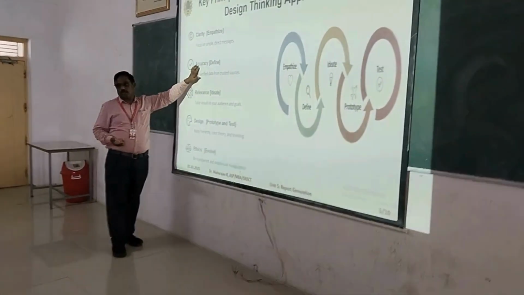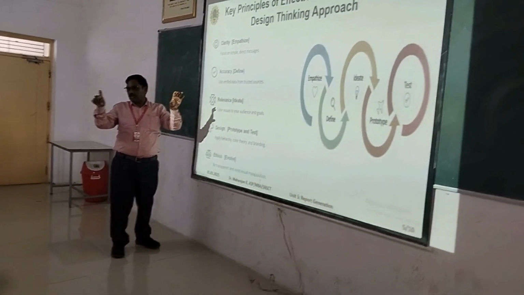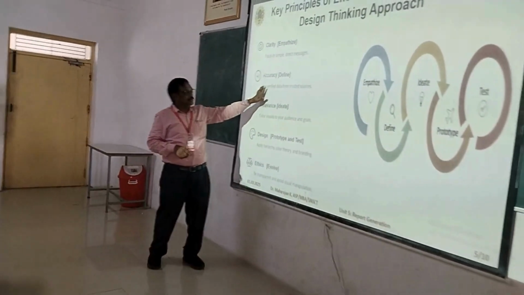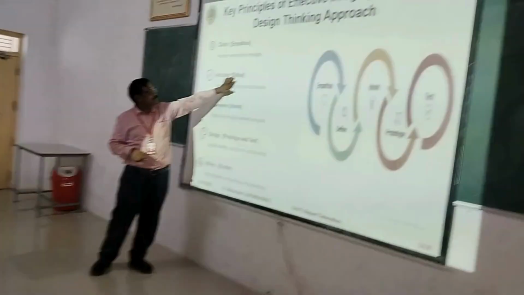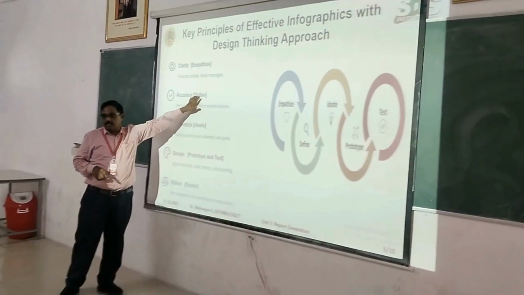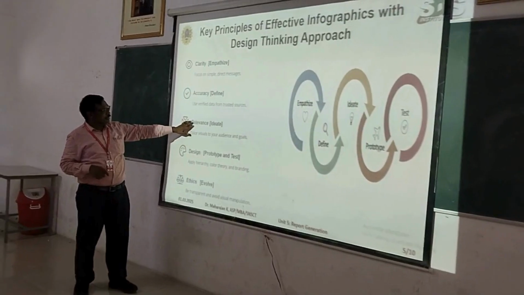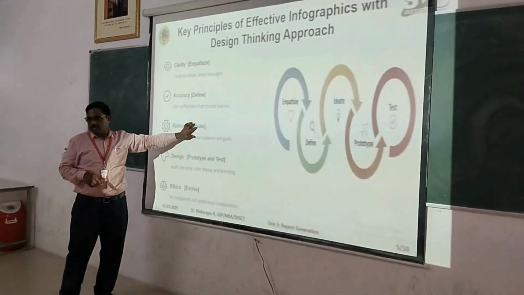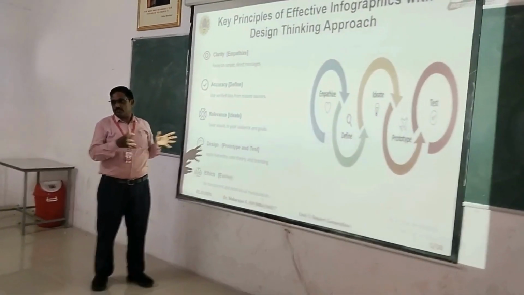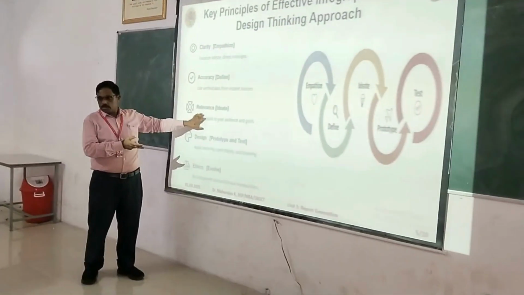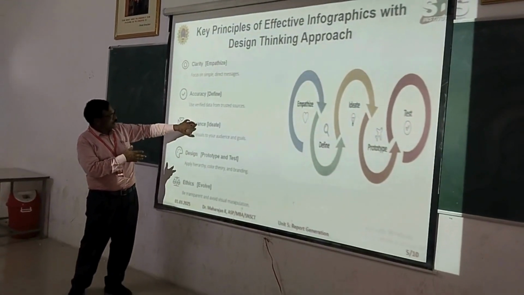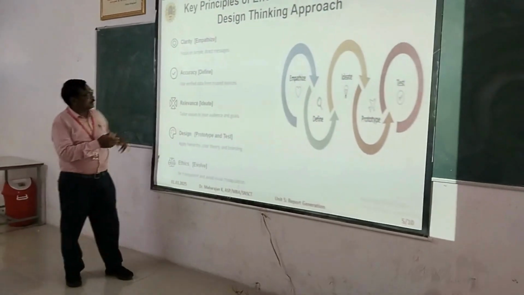Then accuracy. Accuracy means we have to exactly define something like a problem statement, what we want. I have defined that. The third stage is called relevance. That is the ideation: what is relevant, what is the solution actually. The third stage of design thinking comes with relevance.